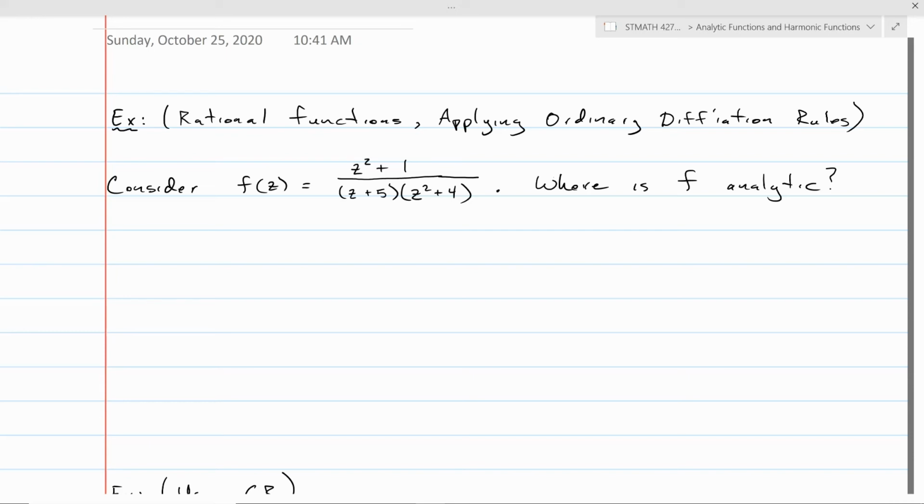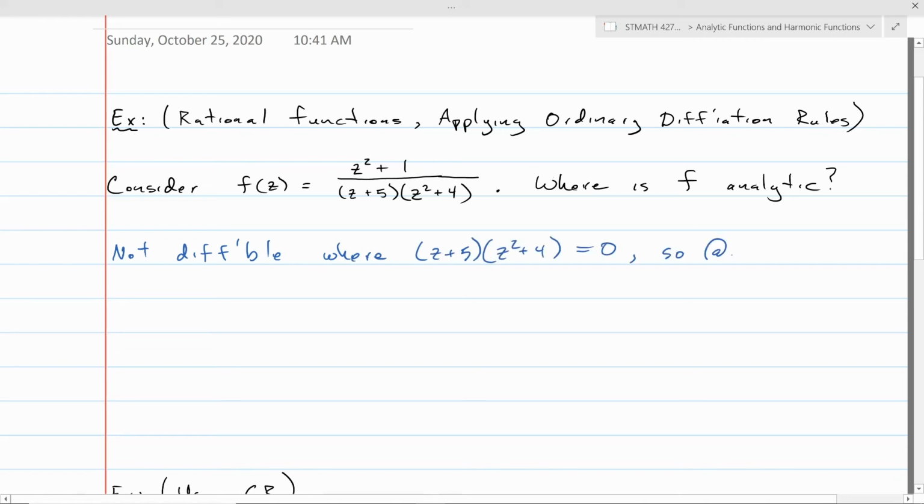But when we're talking about a rational function, it's a polynomial divided by a polynomial. And so the only places where it's not going to be differentiable are places where the denominator is equal to 0. So we know it's not differentiable where the denominator, z plus 5 times z squared plus 4, equals 0.